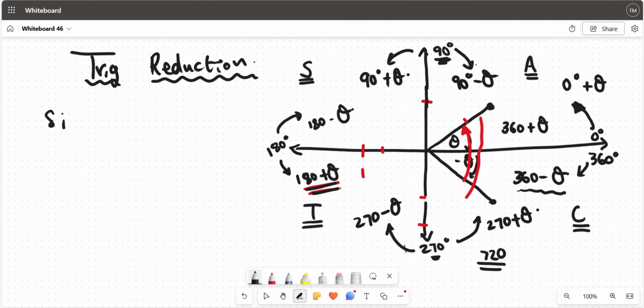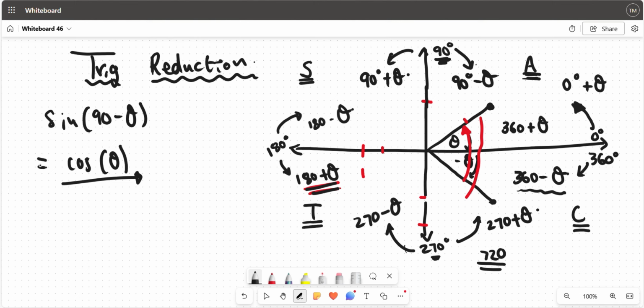If I have sine of 90 minus theta, then the sine would change into a cos, and then since every ratio in that quadrant is positive, the cos that it changes into will also be a positive cos. So this is my final answer.